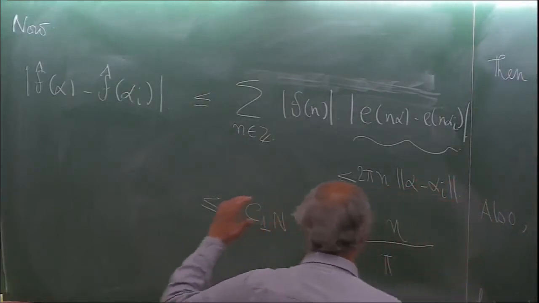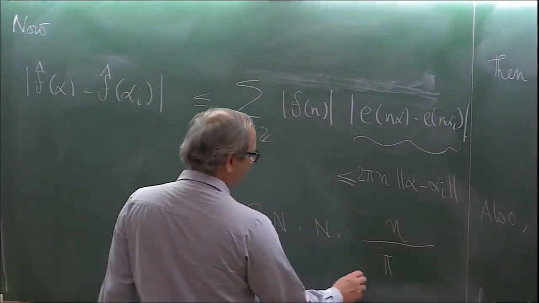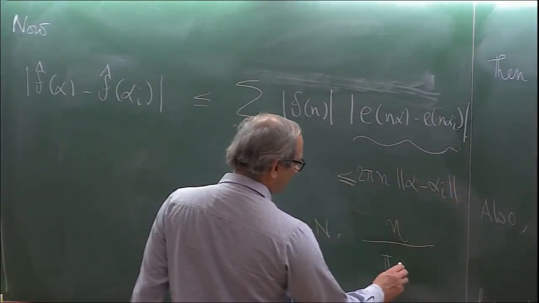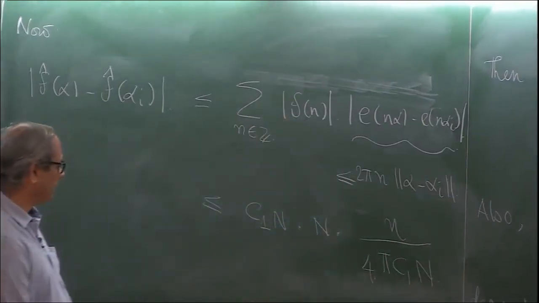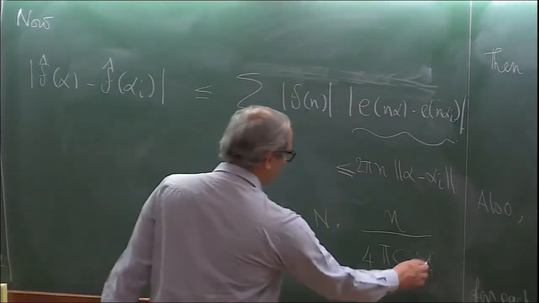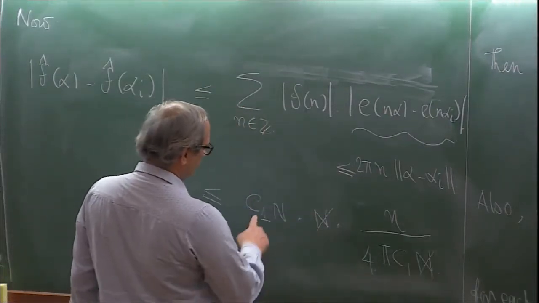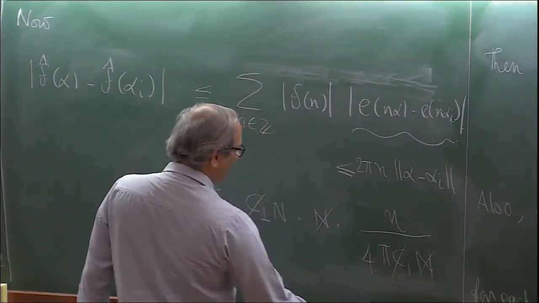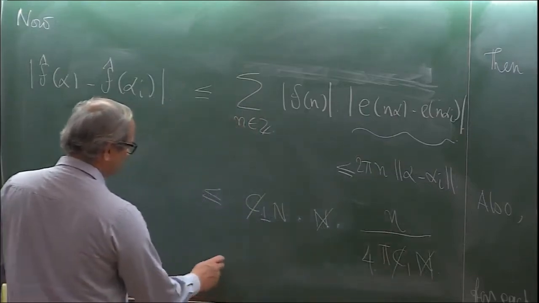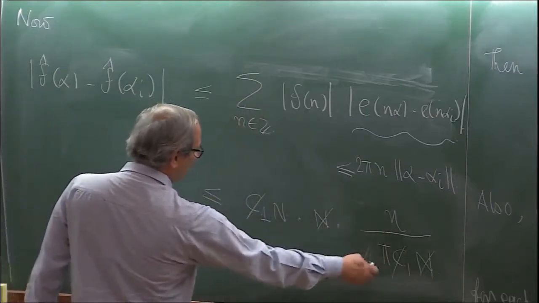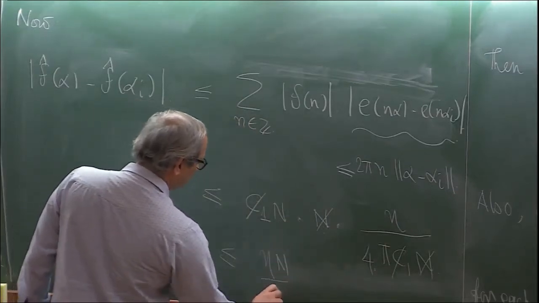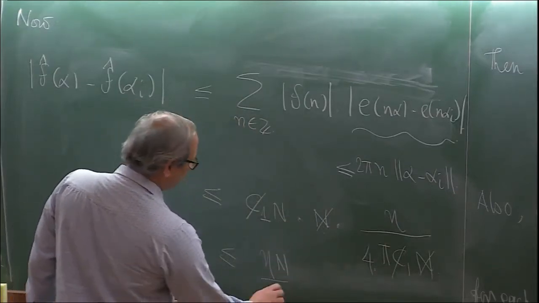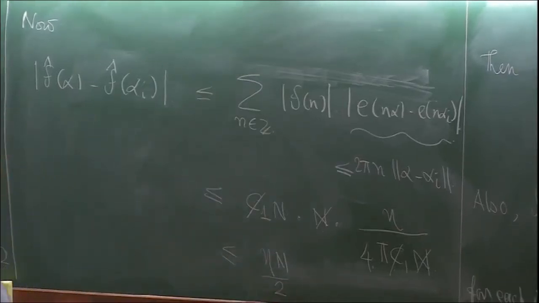The denominator, was it 4 pi, or pi C1 n 4, let us say. So you get this, and cancelling the n and the C1, this is less than or equal to eta by 4 pi n, which is certainly less than eta n by 2. Okay, so that's less than eta n by 2.